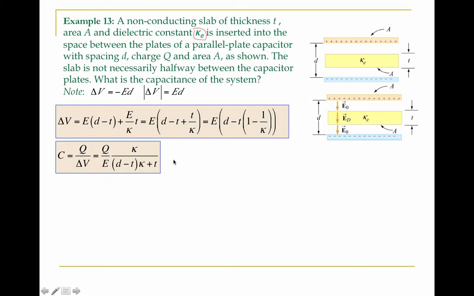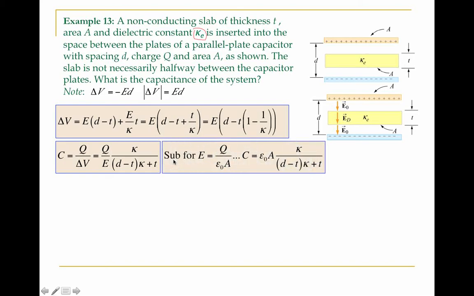Okay, so that's that. Now, if you substitute for the electric field as Q over epsilon A, that's this electric field, which I called E0, all of these E should be E0. Then if I substitute that in here for the electric field, Q will cancel with Q, and epsilon A will be on top, and therefore C will be this.